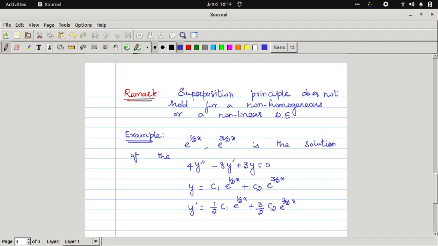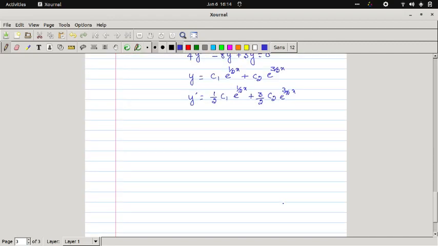What is y double prime? Y double prime is 1 by 4 c1 exponential of 1 by 2 times x plus 9 by 4 c2 exponential of 3 by 2 times x. Now we are going to add.